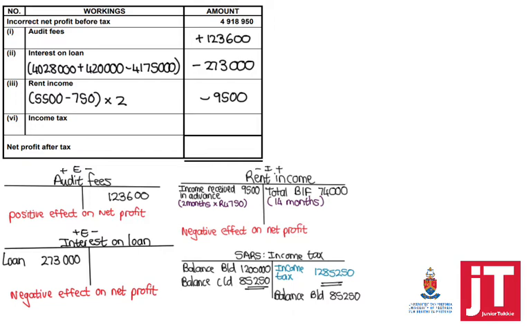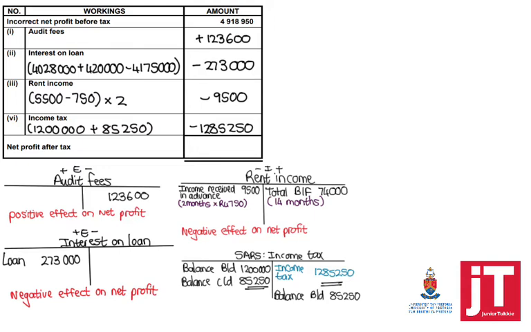Income tax is an expense. Because it's an expense, it will decrease your net profit. Again, anything that decreases the net profit must be shown with a minus, or in accounting it can be shown in brackets.